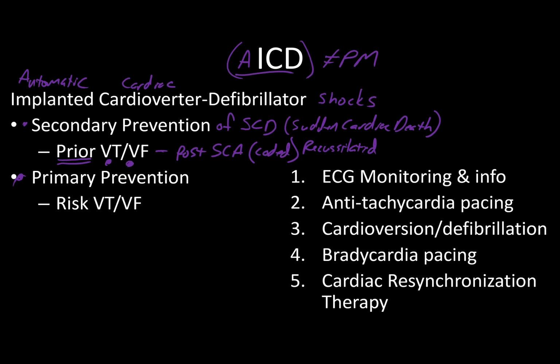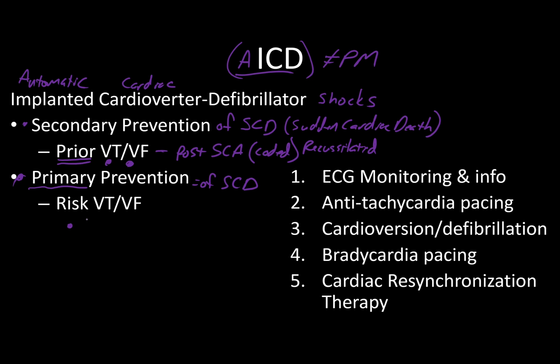The other group is going to be as a primary prevention. And the primary prevention group is, again, of sudden cardiac death. These are the folks that are at an increased risk of VTAC and VFib. So they have an existing cardiac condition that makes them highly likely to need this kind of treatment in the future.